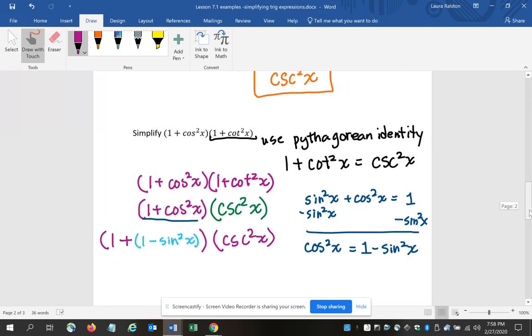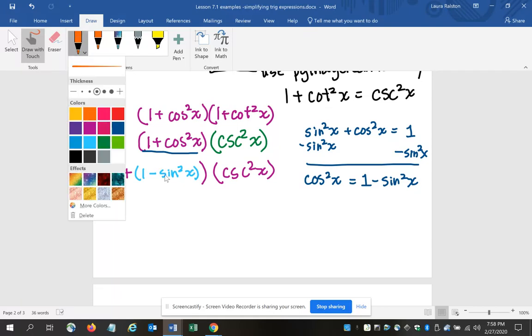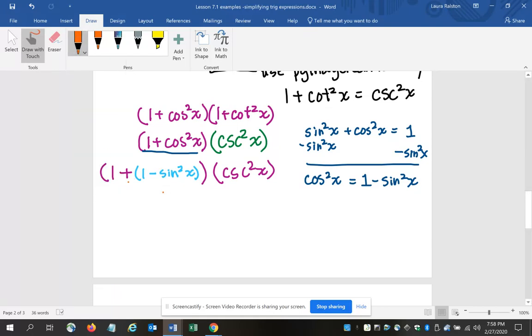It'll be a little more obvious in a minute why we changed everything to sine. Then if I do that simplification, we have 1 plus 1, which is 2, minus sine squared x times cosecant squared x.